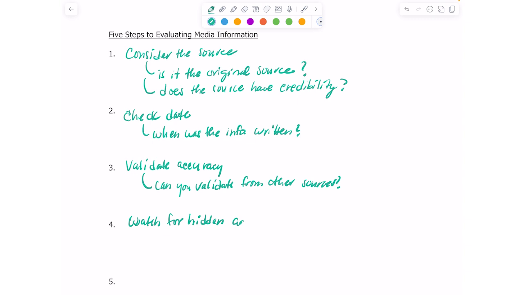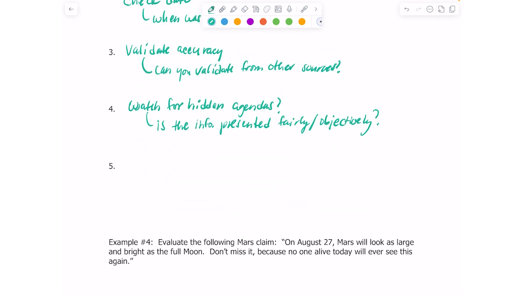Okay, is the information presented fairly or objectively? Was there bias? Favoritism or leaning to one side? And don't miss the big picture. Okay, so consider whether the media makes sense.